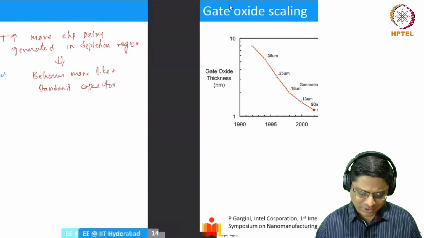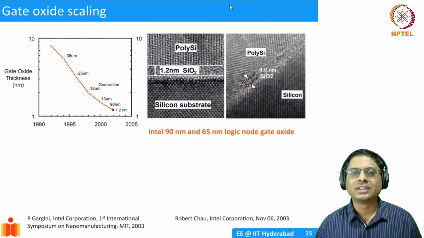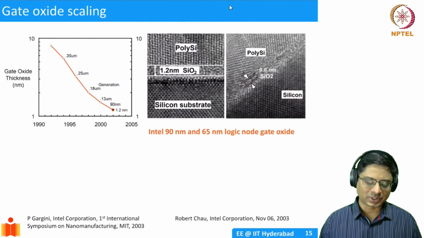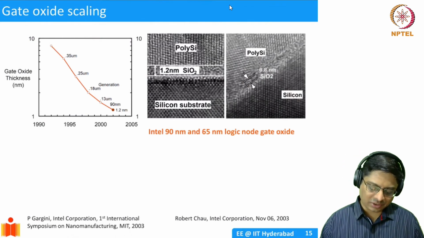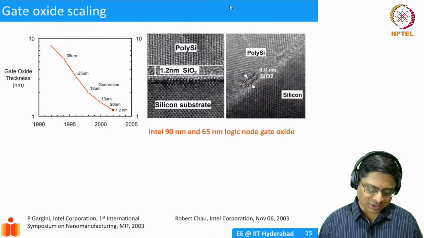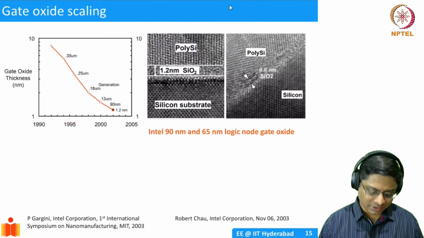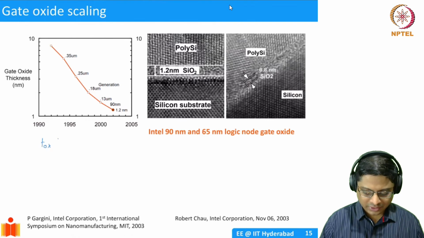One last thing I wanted to come back to before I stop the discussion of MOS capacitors is gate oxide scaling. In the first video on the MOS capacitor I showed you this slide, and I mentioned that over time the thickness of the gate oxide kept on reducing. The reason is that if your T oxide reduces, C oxide increases.